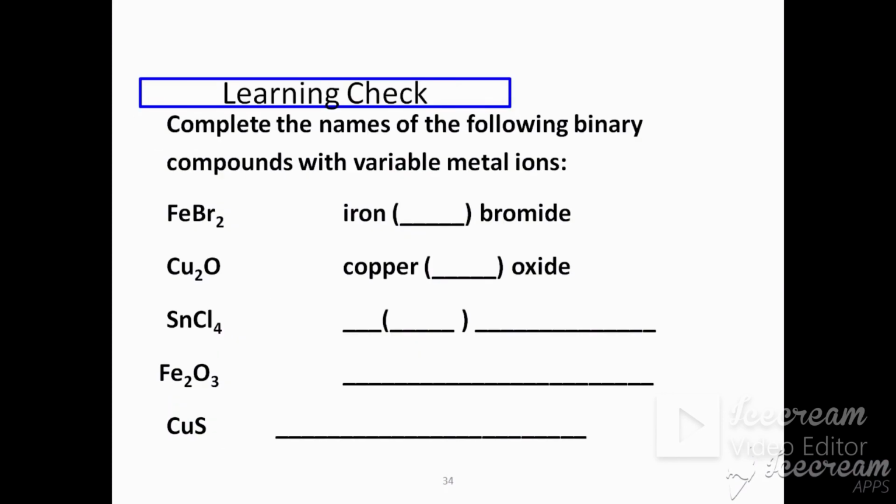Learning check: complete the names of the following binary compounds with variable metal ions: FeBr2, Cu2O, SnCl4, Fe2O3, CuS.